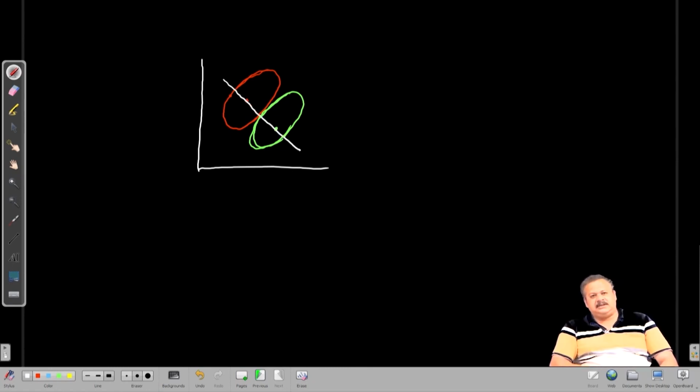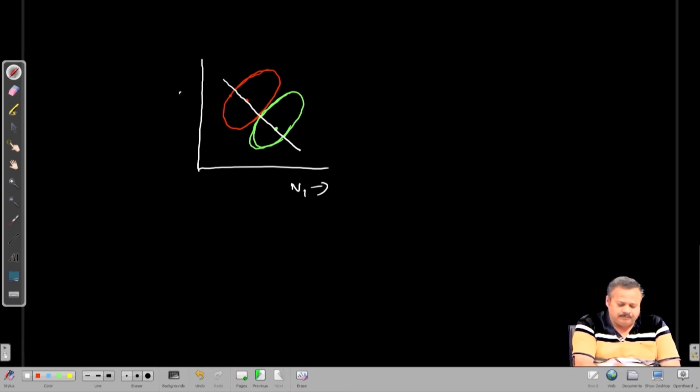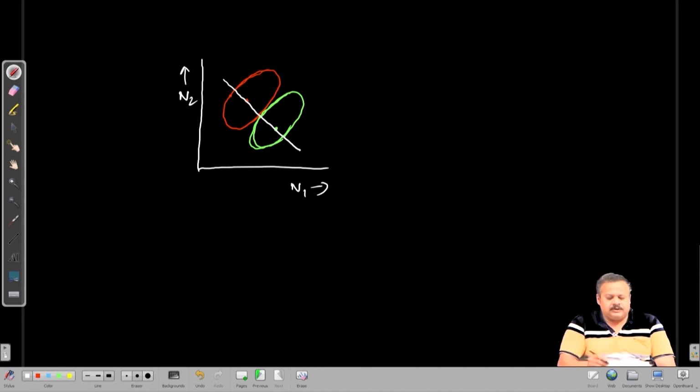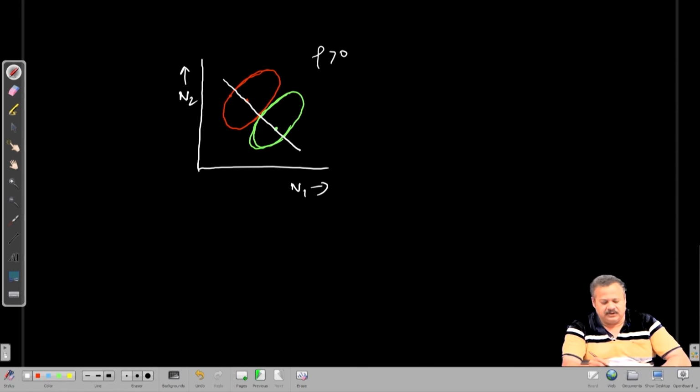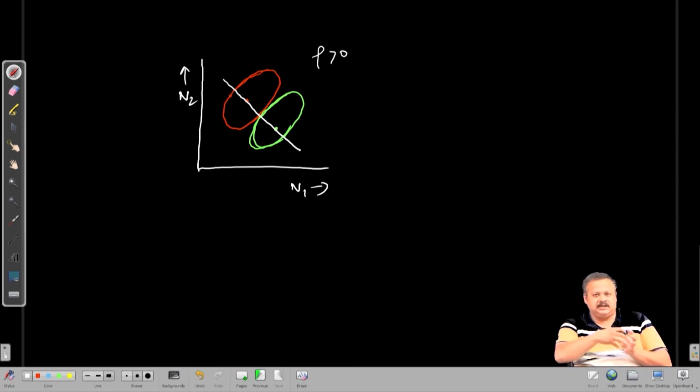That is, the mean responses are changing in an opposite manner between neuron 1 and neuron 2. But we have rho greater than 0, positive noise correlations, and that is why we have the elliptical spread of response pairs around the mean, both in the green and the red case, S1 and S2.